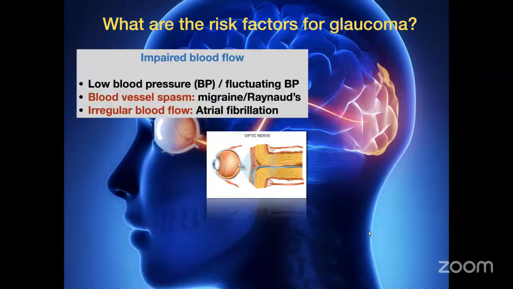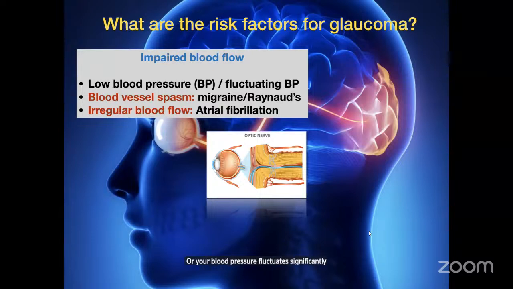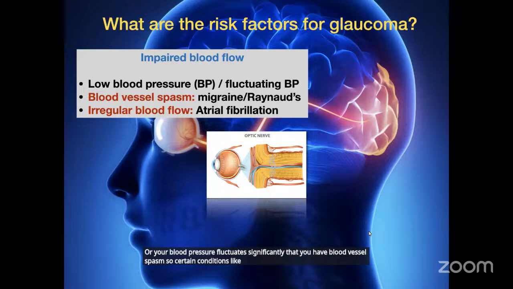So, risk factors for glaucoma therefore include impaired blood flow. So, for example, if you have low blood pressure or your blood pressure fluctuates significantly, or blood vessel spasm, so certain conditions like migraine or Raynaud's, whereby your hands are prone to getting very cold. They often go pale and red and painful.